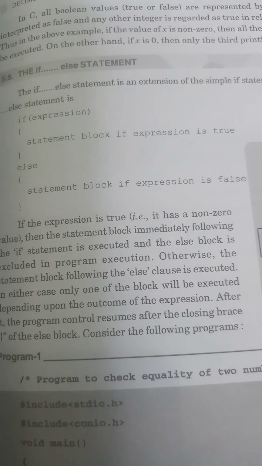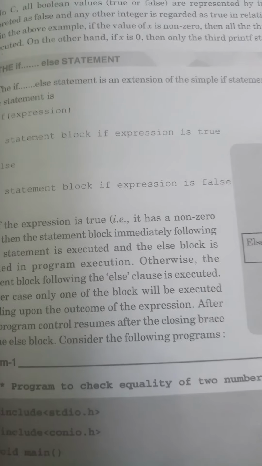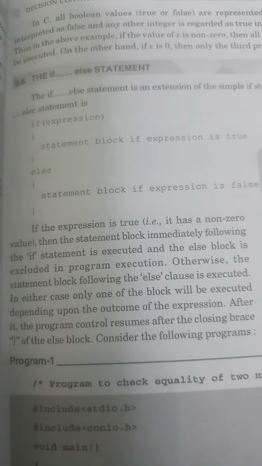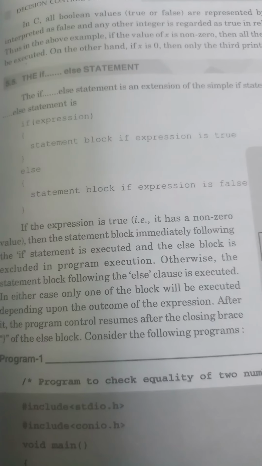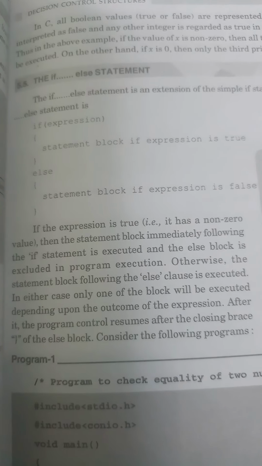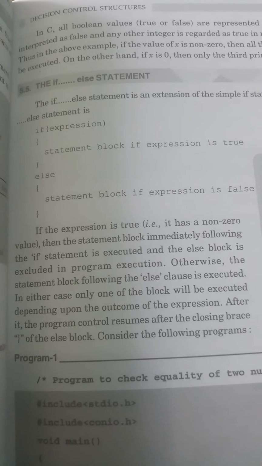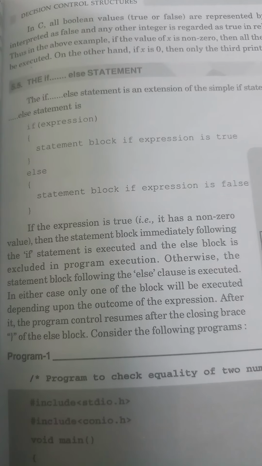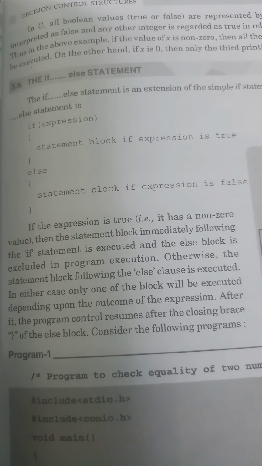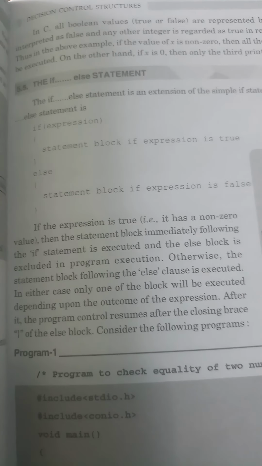In either case only one of the blocks will be executed depending upon the outcome of the expression. After it, the program control resumes after the closing brace of the else block. Consider the following programs.